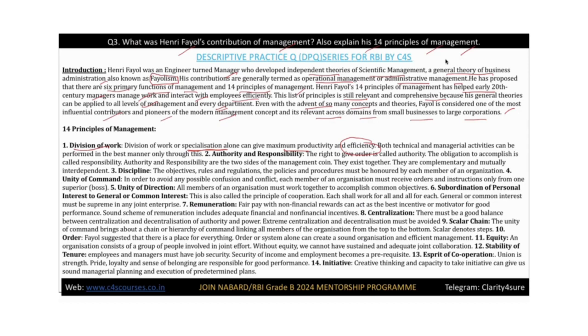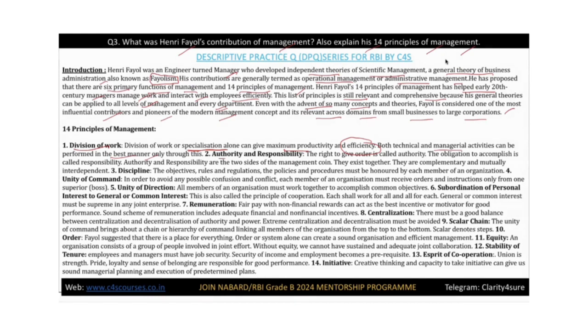For example, the person who is taking the order, the person who is preparing the order, then the person who is handling the cashier, all are divided. So it becomes more productive and efficient. The overall work will become efficient. So it has been said that both technical and managerial activities can be performed in the best manner only through specialization. So this is about division of work.